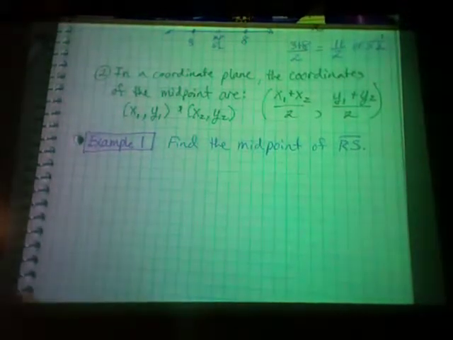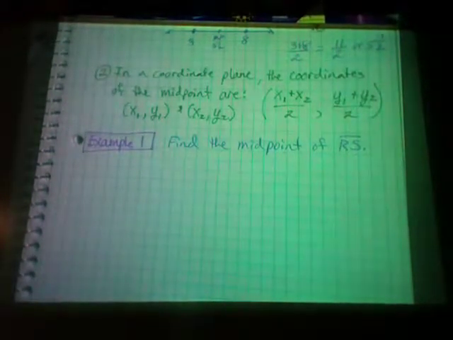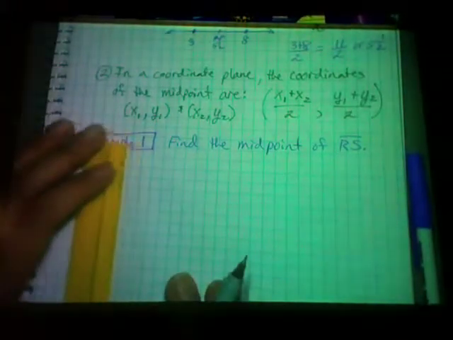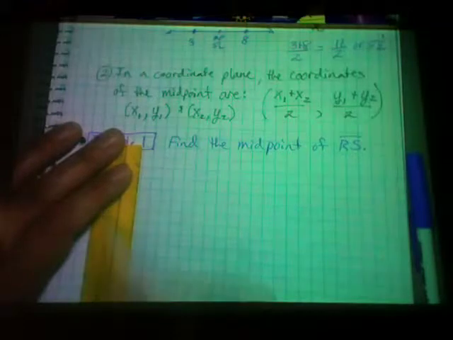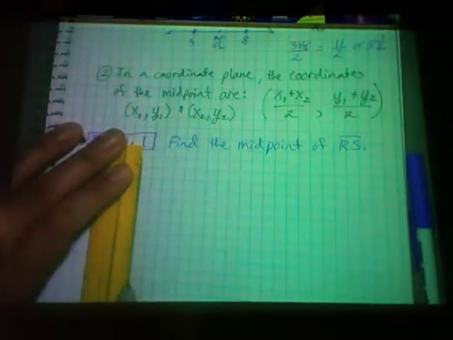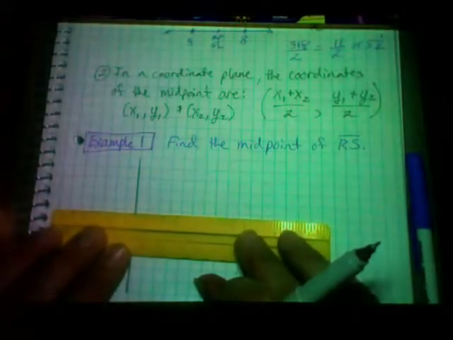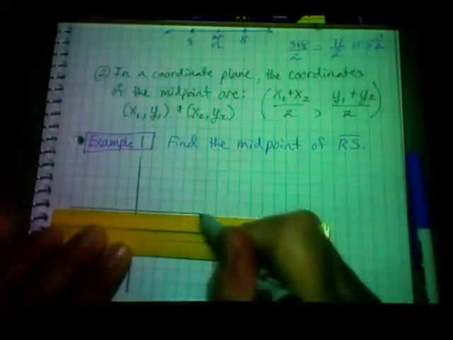Now, they might give you the actual ordered pairs, or you might be given a coordinate plane with the points plotted, and you have to figure out the coordinates yourself. So let's assume that they did the latter, which requires more work on your part.